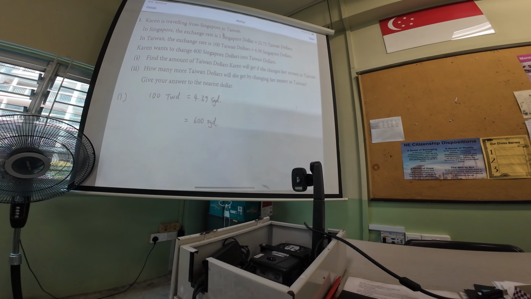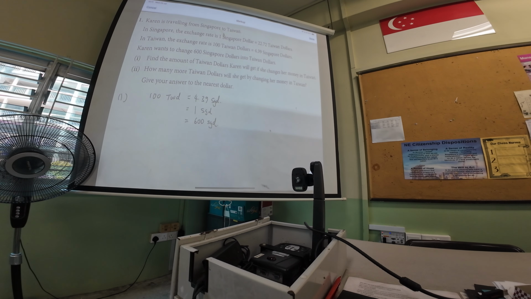But like the previous question, from 4.39 becomes 600, I need to multiply or divide by some number, which is difficult. Just seeing like that, what is the number? So I will still change to 1 SGD first. I don't remember multiply or divide by which one.